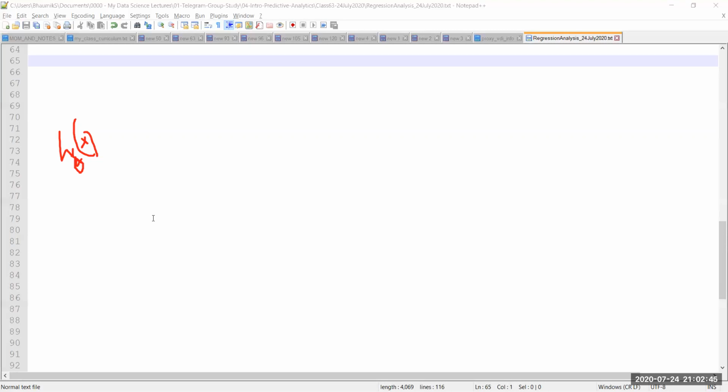So the idea is to choose this h of theta x, or to make this h of theta x as close as possible to your actual y. Okay, so that's what the intention is, right? So the expected model is going to be so good that it must result in output which is really close.